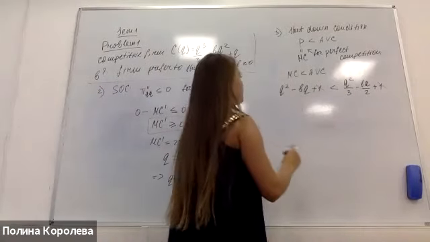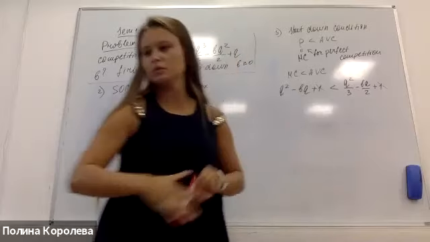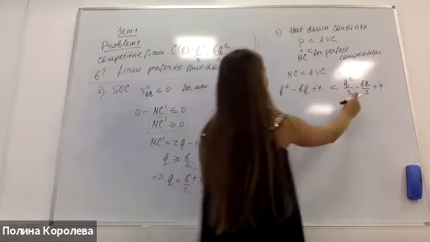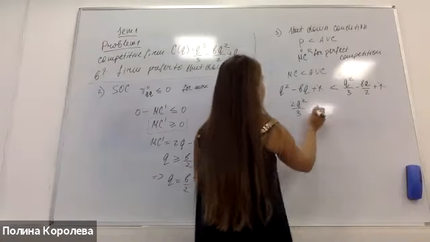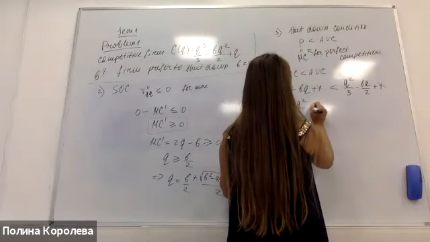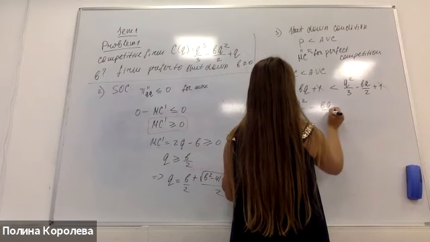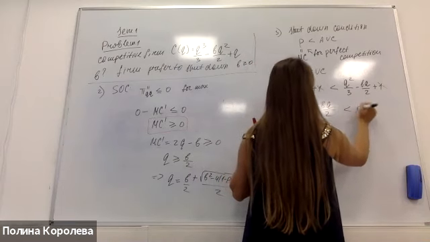Then 2Q squared divided by 3 minus bQ divided by 2 should be less than 0.